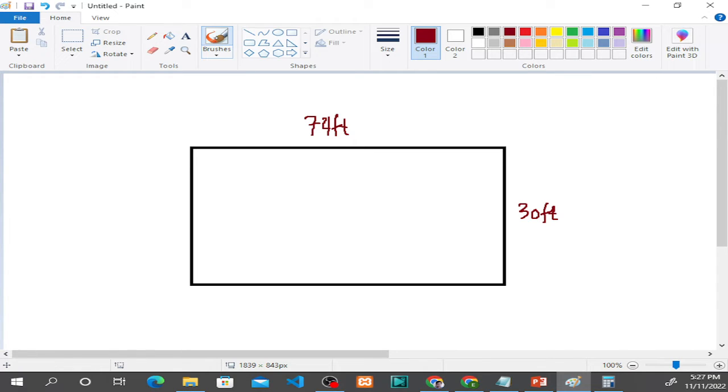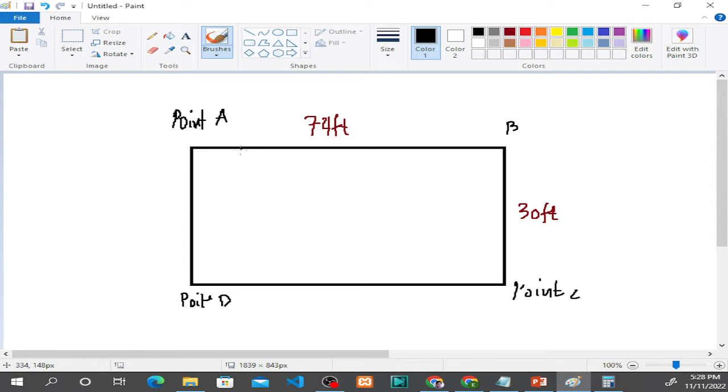I can name the corners as points: point A, then this is point B, and then this is point C, and then this is point D.